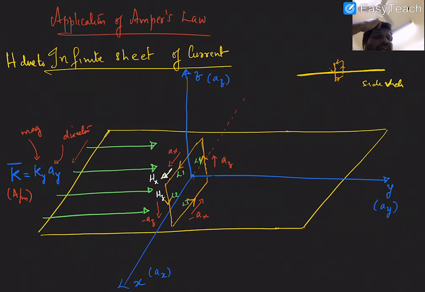You can see that the current is moving in the y direction, so you can have the magnetic field in the z direction as well as in the x direction. This Hx and Hz are just the magnitudes.